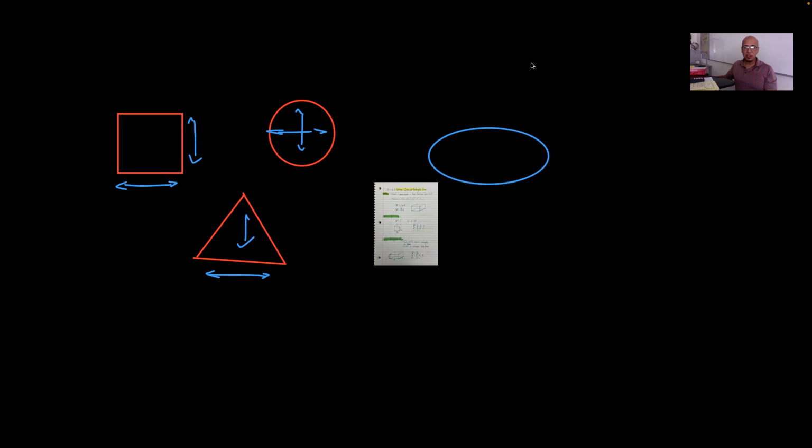But ladies and gentlemen, a three-dimensional figure like a cube will not only have height and will not only have a horizontal and a vertical dimension, it will also have a depth. Let me show you what I mean by that.